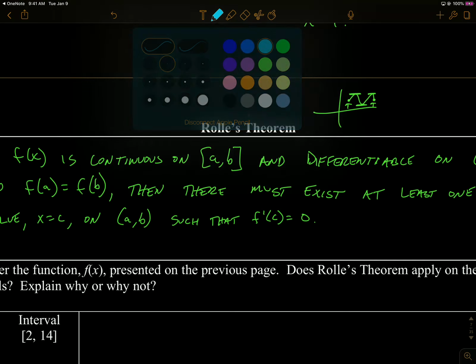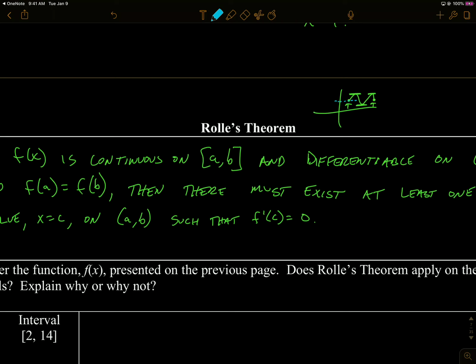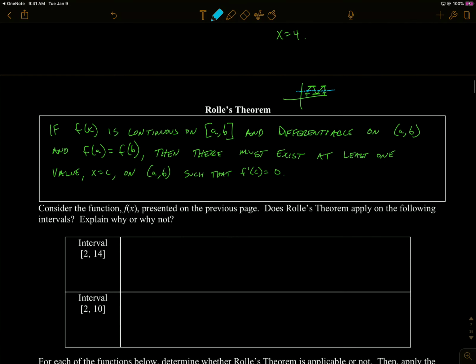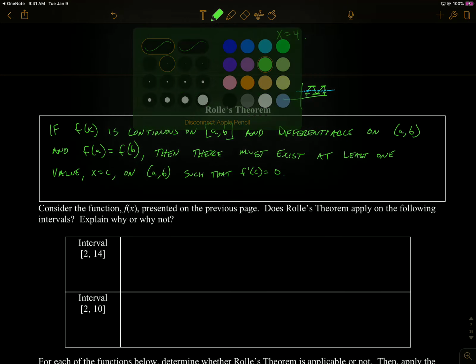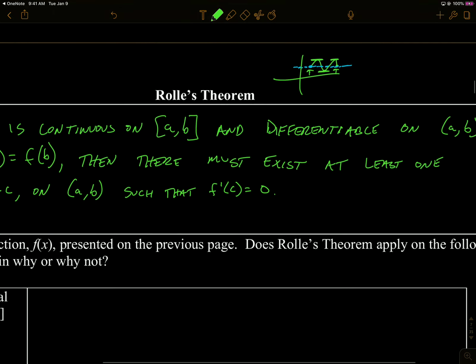And what it's really saying is that if I do the average rate of change on the interval for the endpoints, since their heights are the same, I get an average rate of change of 0. So the instantaneous rate of change somewhere on the graph at least once has to equal that. And that's really what the mean value theorem says. Rolle's theorem is a specific case of that where it's actually 0.